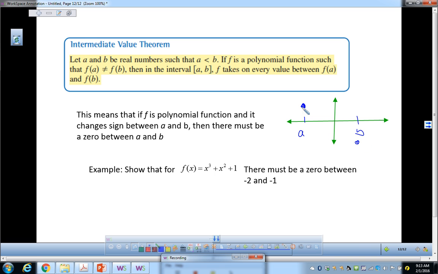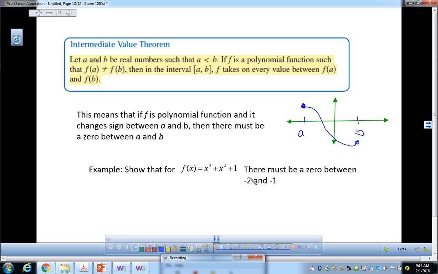At some point, if f of A is positive and f of B is negative, then there has to be a 0 somewhere between those 2 points, or vice versa. If this one is negative and f of B is positive, then there has to be a 0.